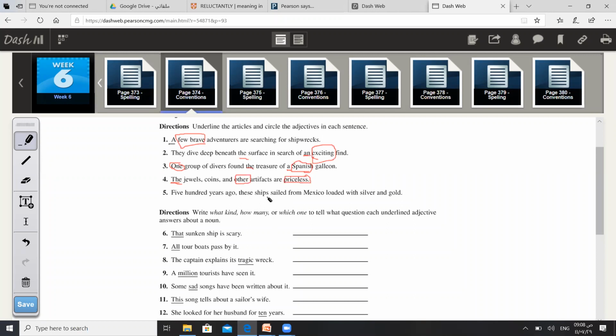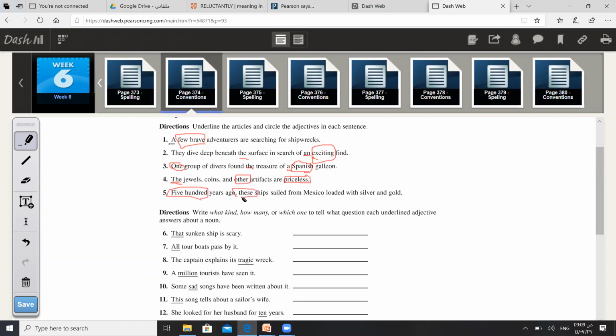"500 years ago, these ships sailed from Mexico loaded with silver and gold." We don't have articles here, we have adjectives: 500 and these.